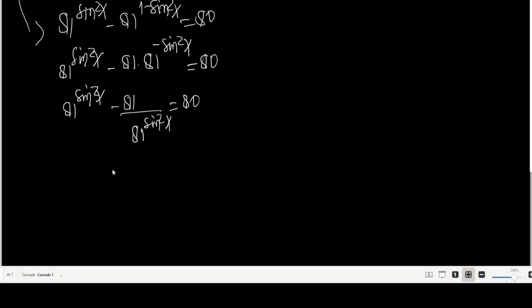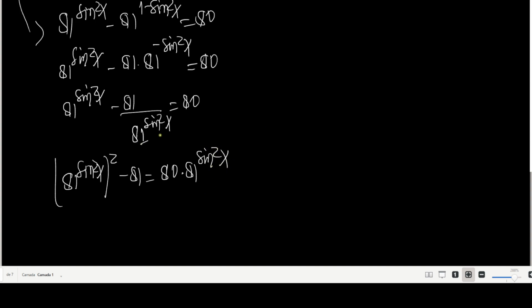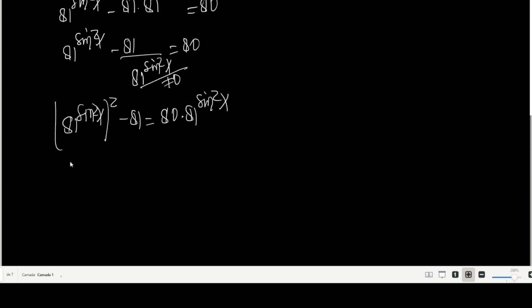We have 81 to sin square of x, squared, minus 81, equals 80 times 81 to sin square of x. We remember that this one has to be different from 0, because we cannot divide by 0.